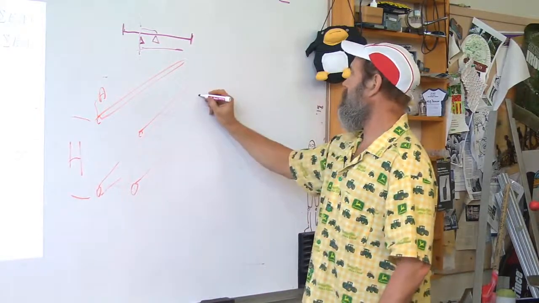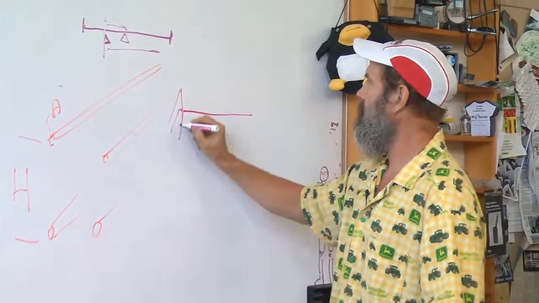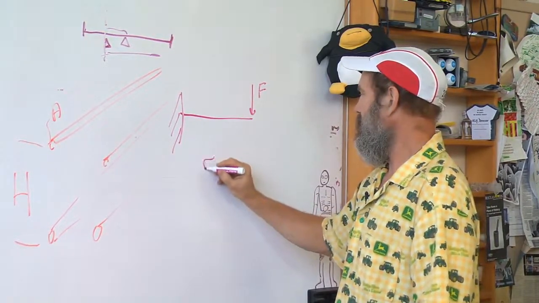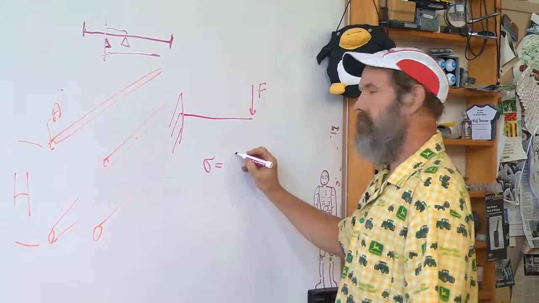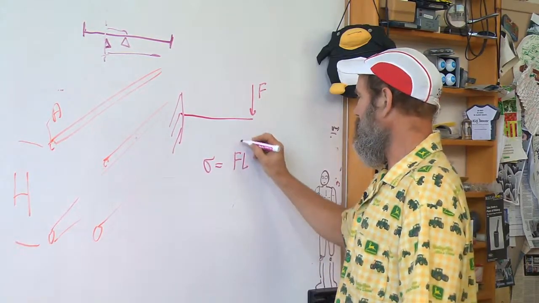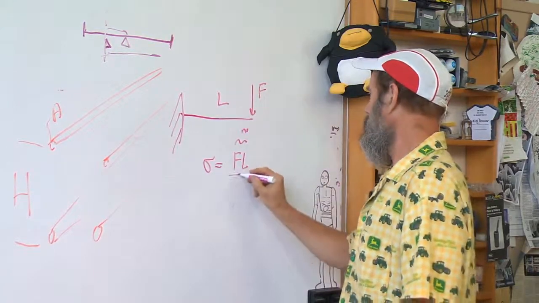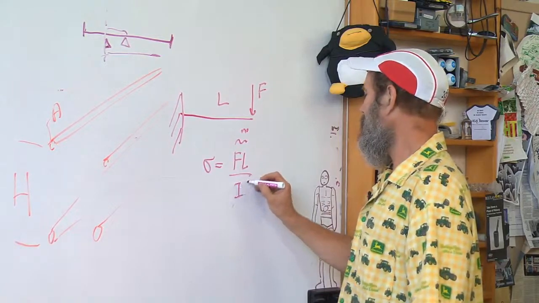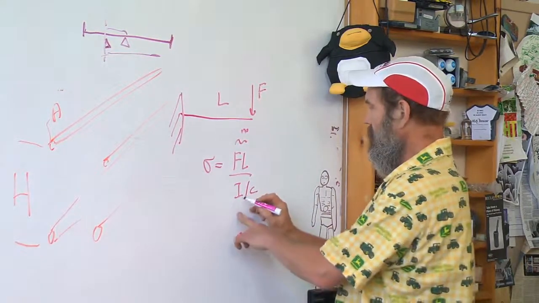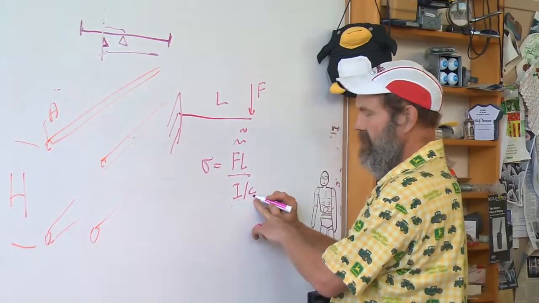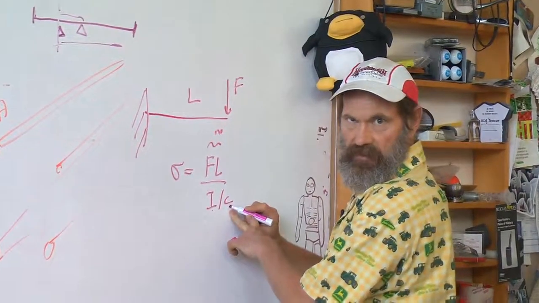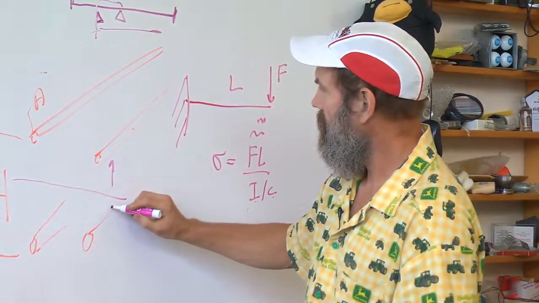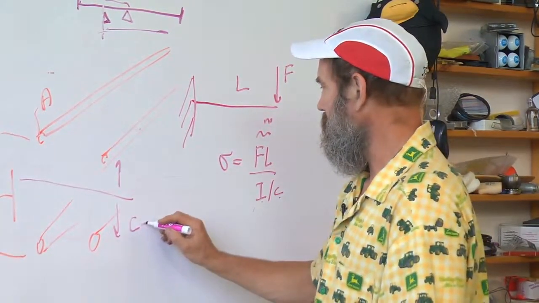You know that for a simple beam, if I put a force on it, the stress in the beam equals FL, this is the moment, over I over c. I is the moment of inertia, and c is the distance from the neutral axis to the farthest fiber. So c here equals h over 2.